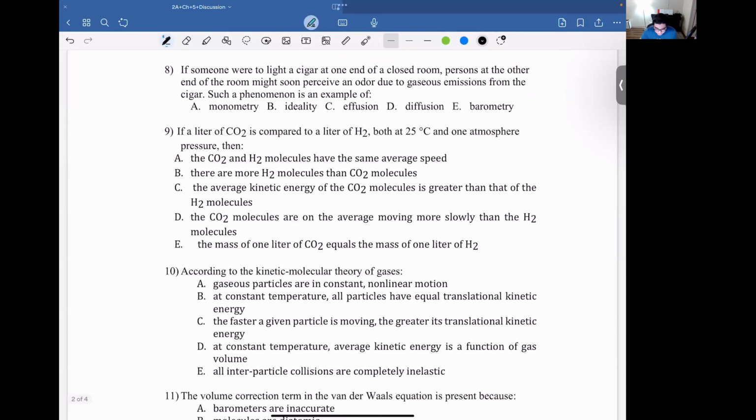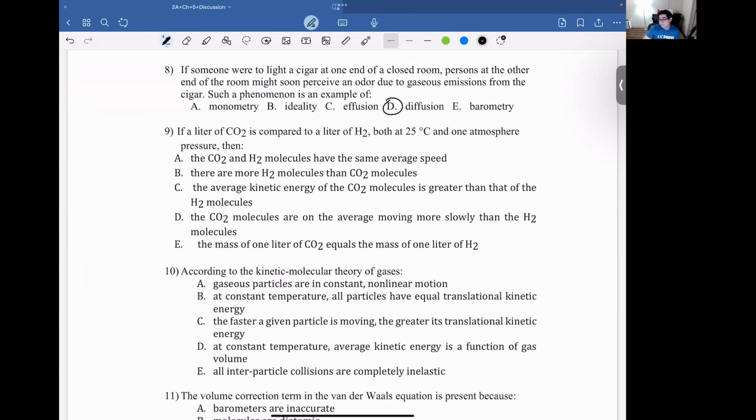If someone were to light a cigar at one end of a closed room, persons at the other end of the room might soon perceive an odor due to gaseous emissions from the cigar. So this is an example of diffusion. Diffusion is where particles move from one place to another, or more specifically, they move from an area of high concentration to an area of low concentration.